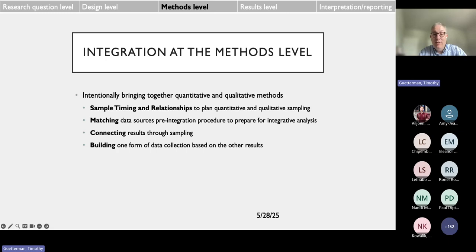Matching data sources is a pre-integration step to prepare for mixed methods analysis. So thinking about what do I have quantitatively and qualitatively, and do I have commonality between the two? Connecting results through sampling, so using one form of research to inform the sampling of the other, or building one form of data collection based on the other's results.